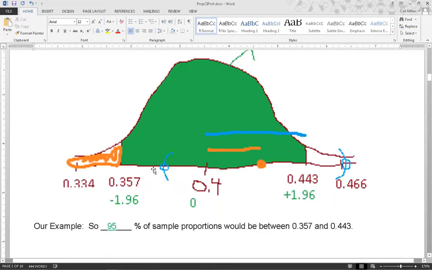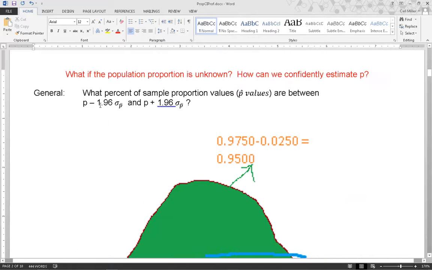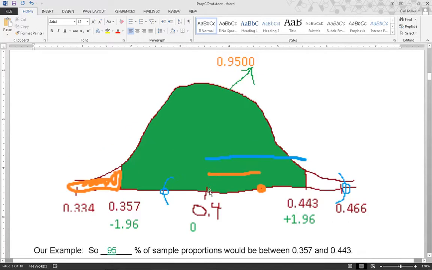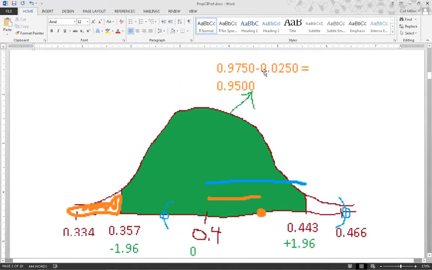Well, in terms of z-scores, negative 1.96 and positive 1.96, because you're 1.96 standard deviations below and above the mean. Okay, what would those be as z-scores? The negative 1.96 gives you an area of 0.0250 to the left. The positive 1.96 z-score gives an area of 0.9750 to the left.